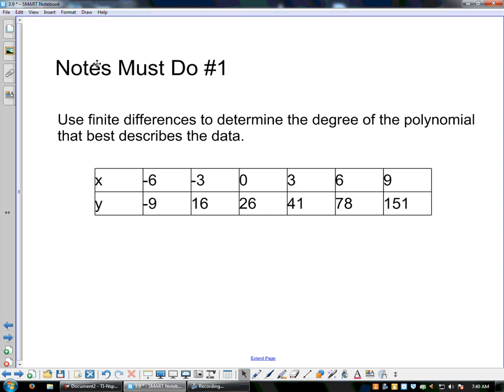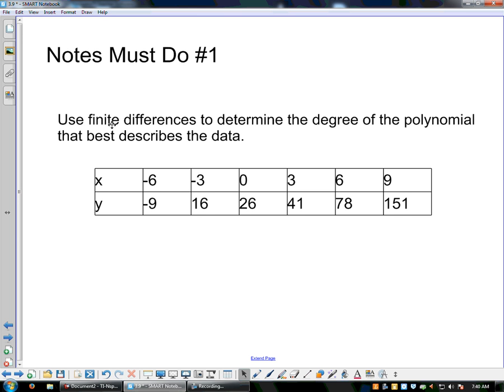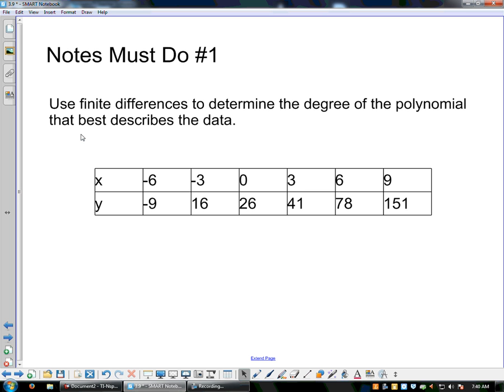Let's take a look at this notes must do. You're going to use finite differences to determine the degree of the polynomial that best describes the data. So here's the table. First of all, are they evenly spaced x's? Yes, it looks like they keep going up by 3 each time, so they're evenly spaced.